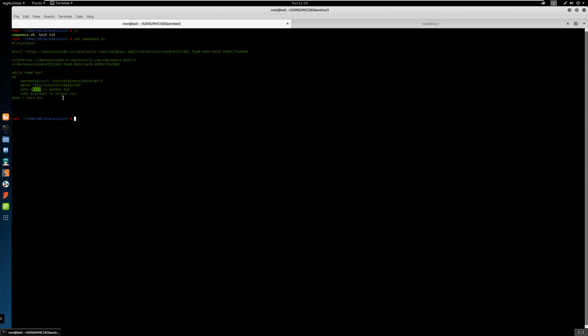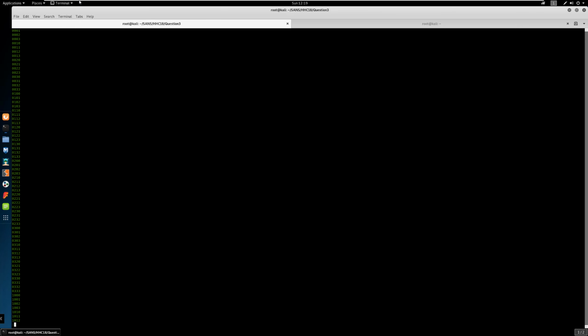After that, we output the attempt to output.txt, and then the response to output.txt as well. So let's see what is within the sequence. It is essentially the entire sequence from 0 to 3333, including numbers only from 0 to 3.